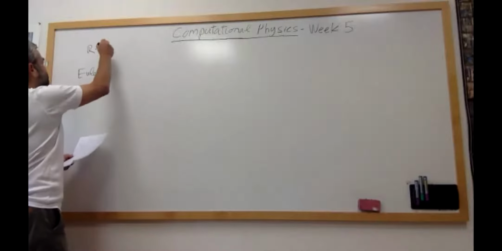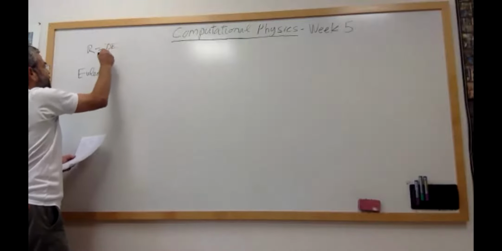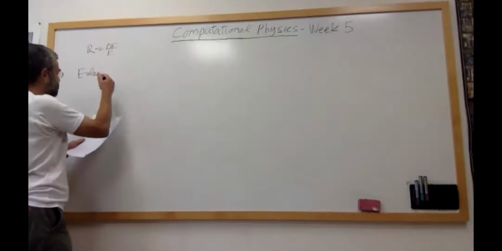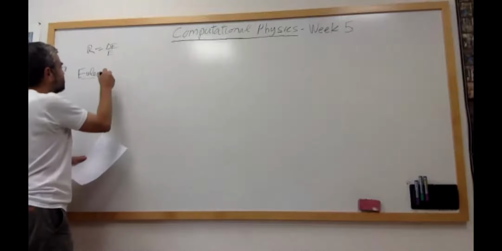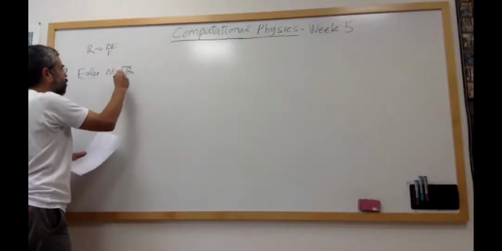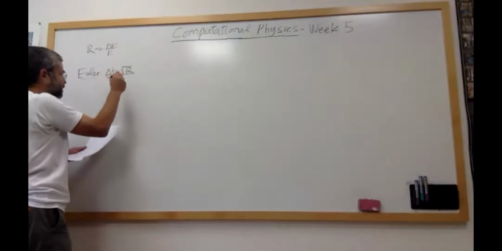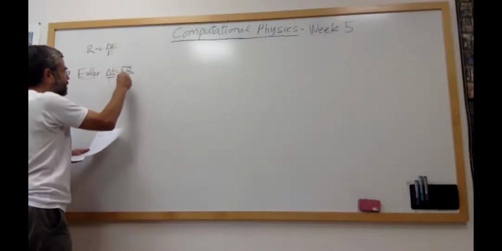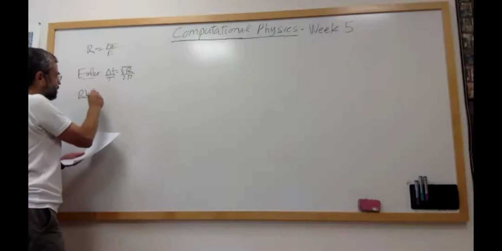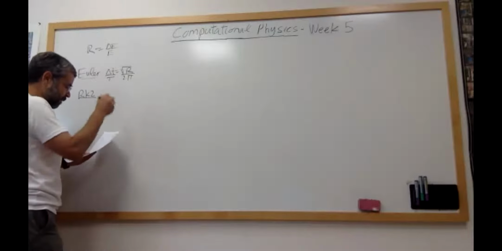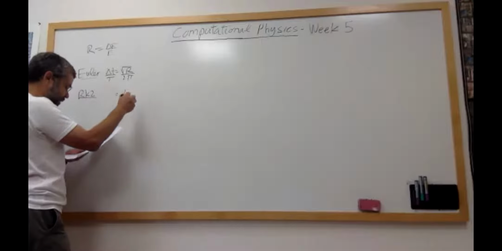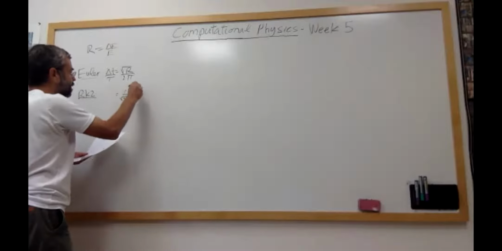For a given relative accuracy of the calculation, you derived that in Euler the required relative time step was square root of r over 2 pi. In RK2, for the midpoint method, it was 1 over square root of 2 pi r to the 1/4.